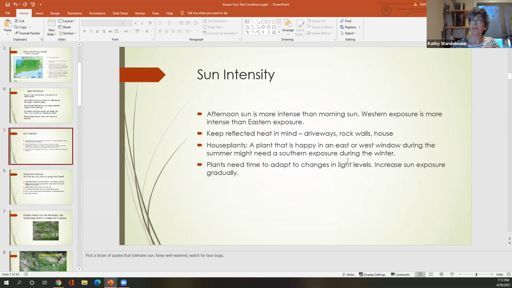You're only going to get less intense sunshine in an east or west window. So if you have a plant that's happy in an east or west window during the summertime, you may have to move that to a southern exposure during the winter in order to give that plant enough light.